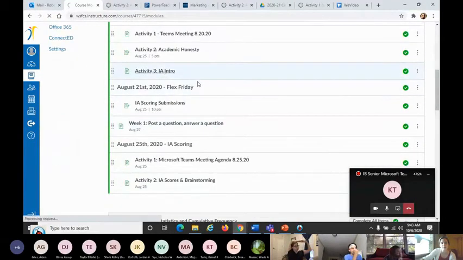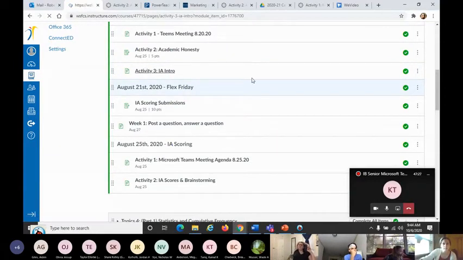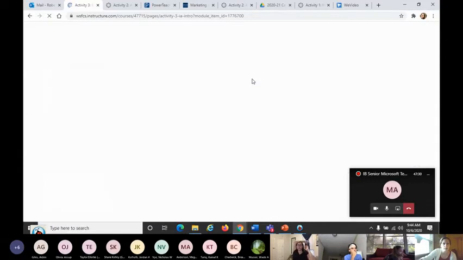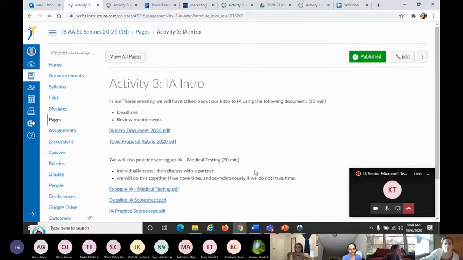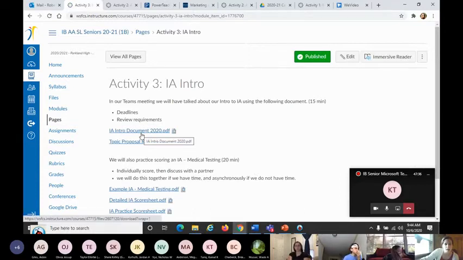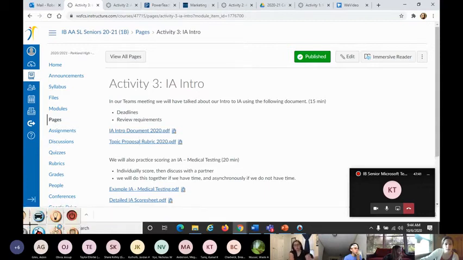IA intro is probably where it is. I also could go somewhere else and look for it if I can't find it. Okay, so there should be a little thing on here. I think it's this one, the IA intro document for 2020. And it should have all of our dates on it.